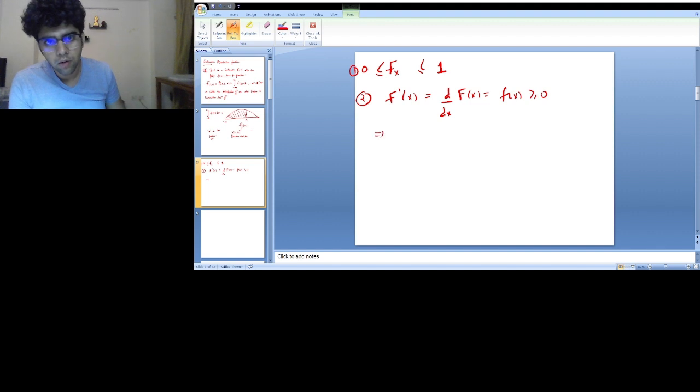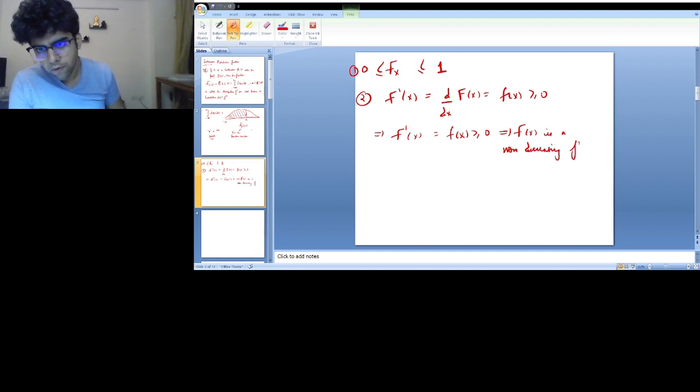And because my F dash x, which is my f of x, is greater than or equal to 0, this implies that my F_X is a non-decreasing function of x.